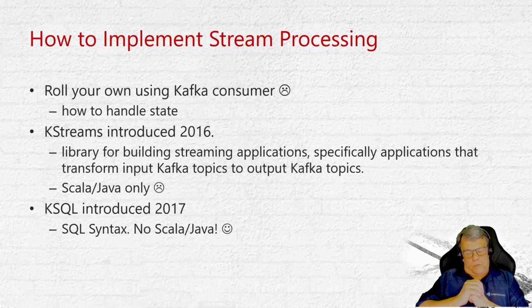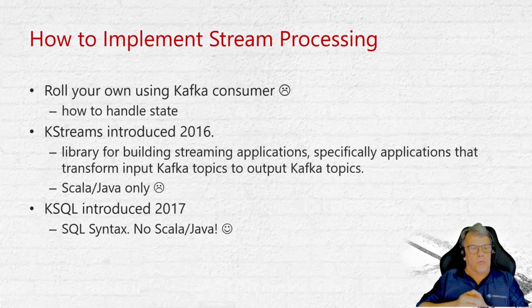For that reason, K-streams was introduced. K-streams was introduced in 2016, and that is a Java library where we can build streaming applications. These streaming applications take an input and produce an output, and in between the input and output, you can transform the messages, do stuff with the messages.